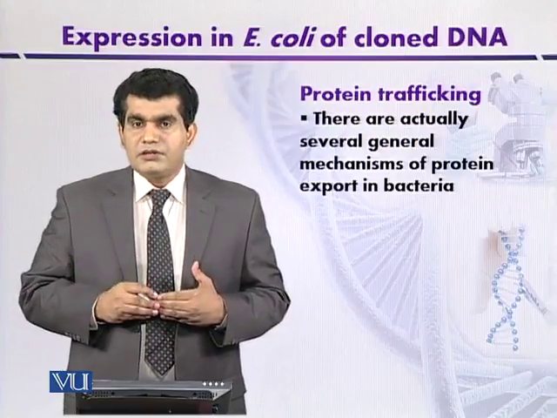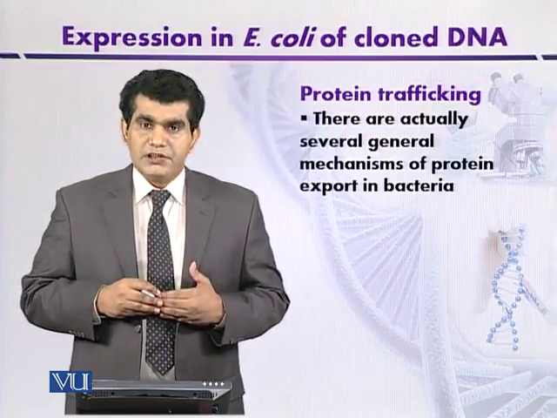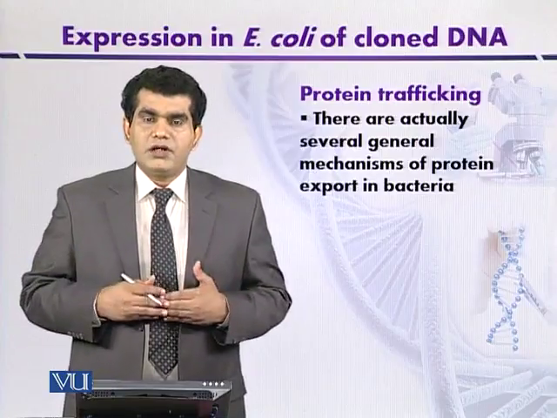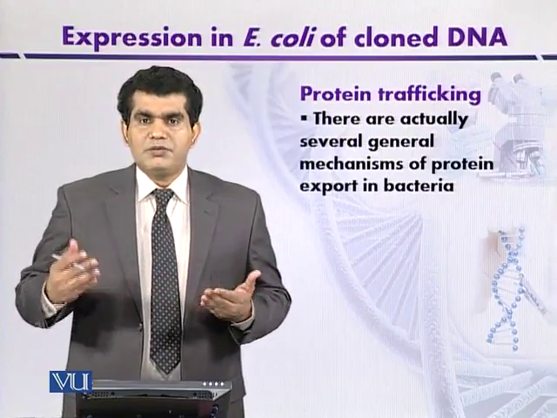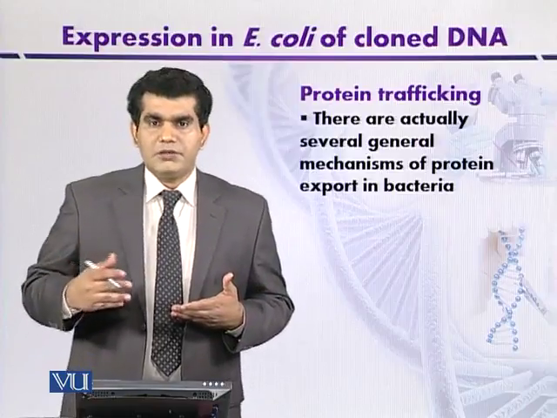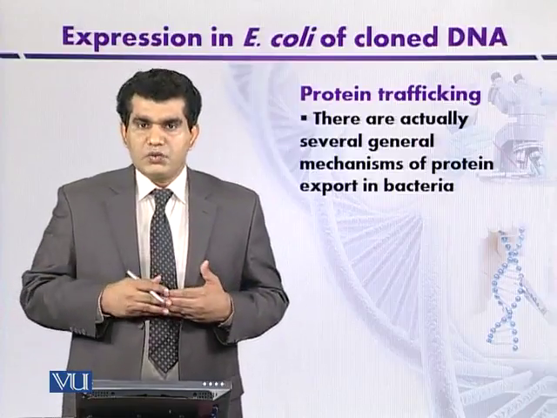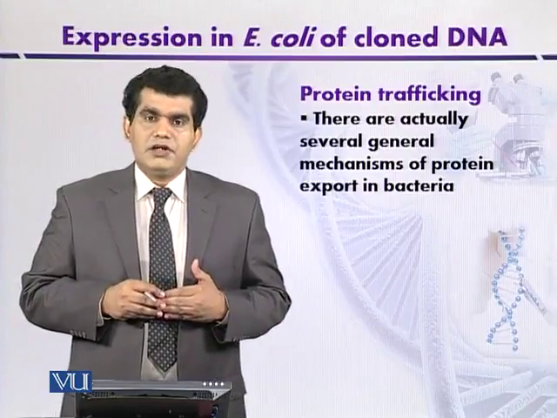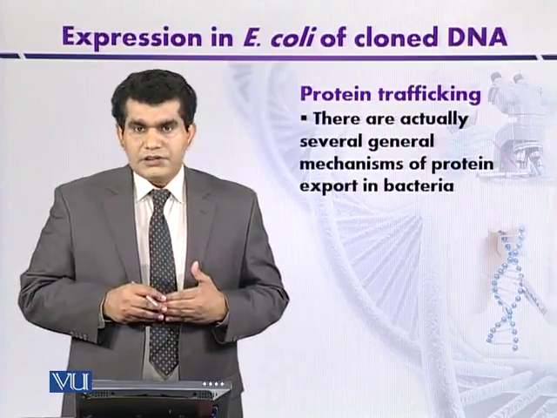For instance, gram-negative bacteria have secretion system type 1, type 2, type 3, type 4, and sometimes type 5 and so on, or some other branches of transportation pathways also exist.